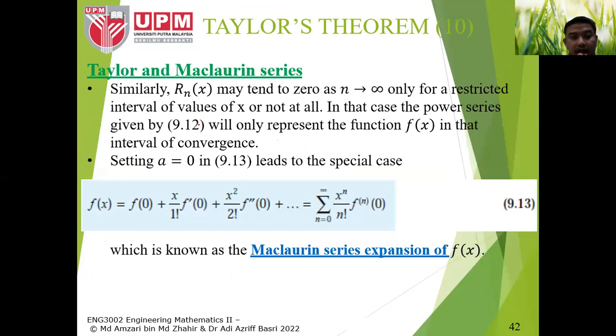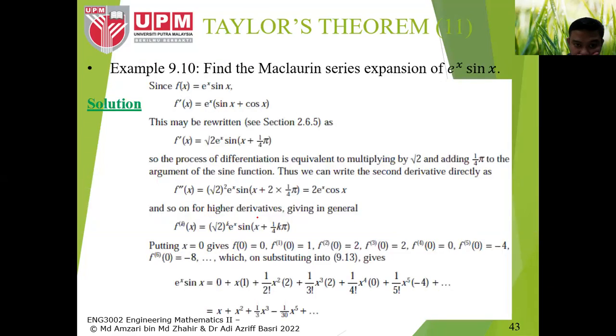Similarly, the remainder R_n may tend to 0 as n goes to infinity. So the restriction is on the interval of values of x, and not at all values. The power series of 9.12 will only represent the function f(x) where it converges. So this one is a special case of 9.3 when a equals 0, and we call it a Maclaurin series expansion of f(x).